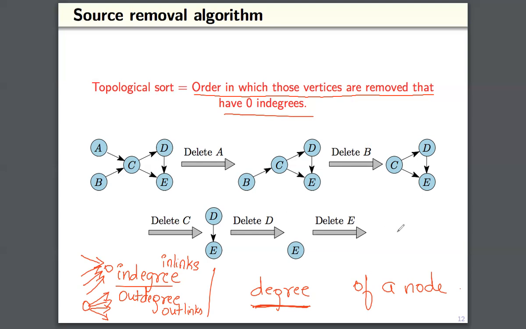Similarly, if Facebook was a directed graph, A can be a friend of B, but B need not be a friend of A. Probably follow would be a better example. A follows B, but B need not follow A, in Twitter and other social websites. So this can be a directed graph.